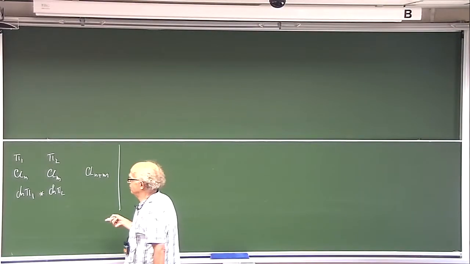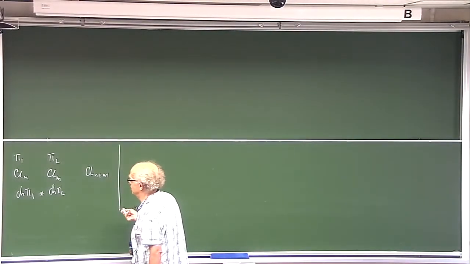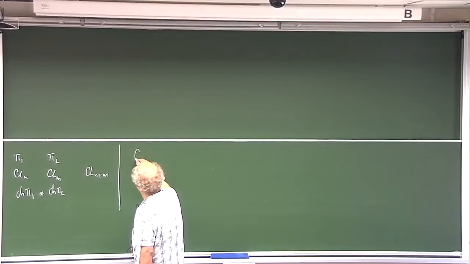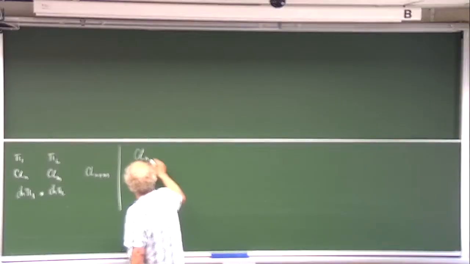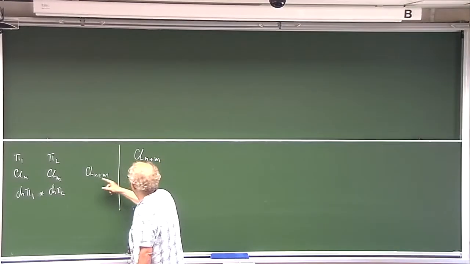first of all, without q, how can we proceed? We have GL_{n+m}.